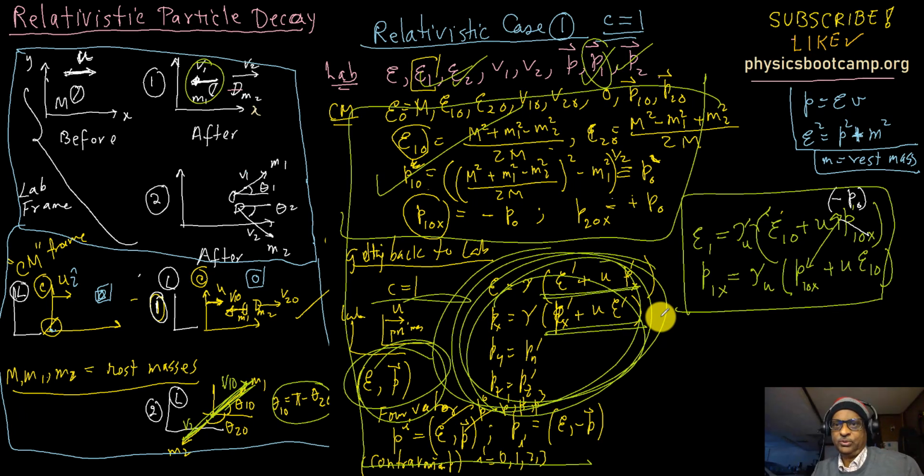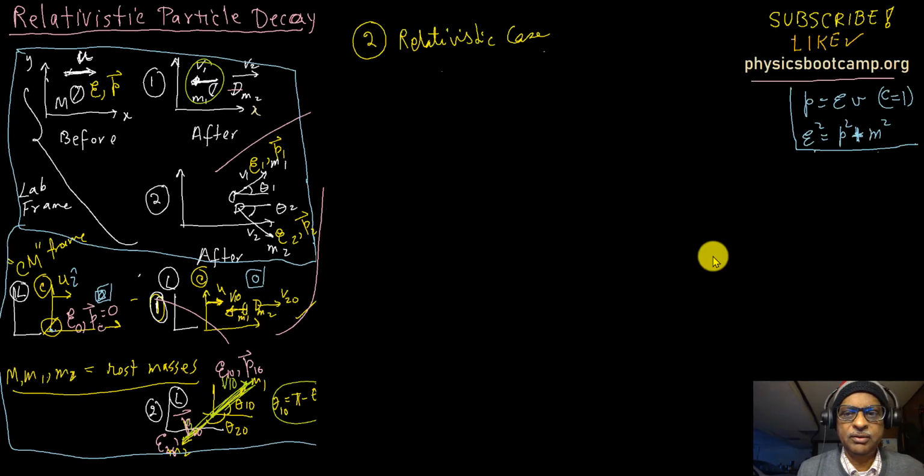All right, let's try to do this nasty one too. Okay, so let's do the most general case. When something decays, it's always going to be in a plane. So you can pick the XY plane, where all the action is happening, so you don't need to consider Z at all.